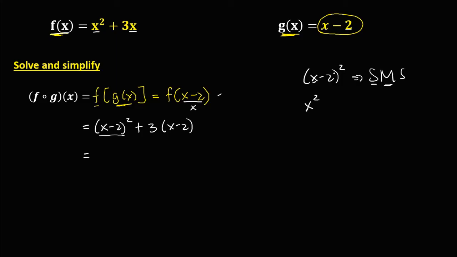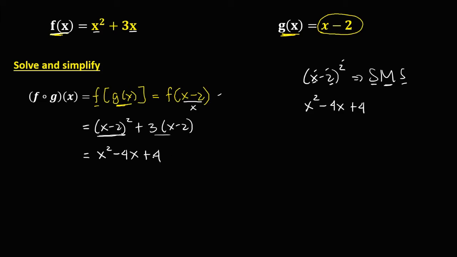So multiply these numbers. 2 times negative 2, that's negative 4 times x. So negative 4x. Then S, the square of the second term. So the square of 2, this one is positive 4. So therefore, x minus 2 to the power 2 is equal to x squared minus 4x plus 4.